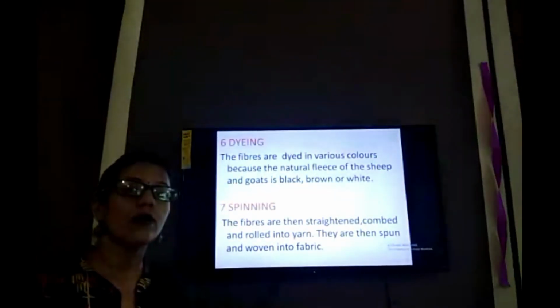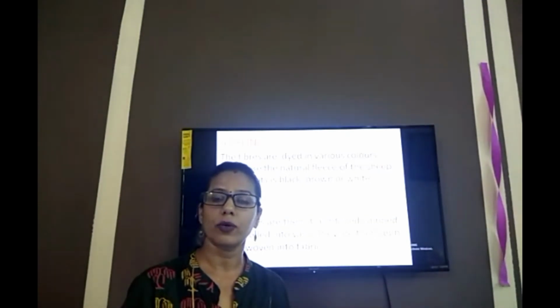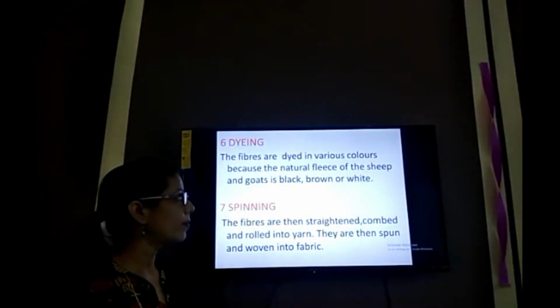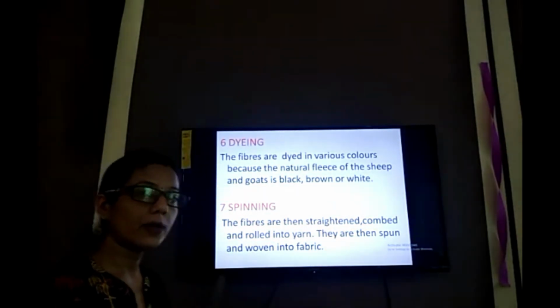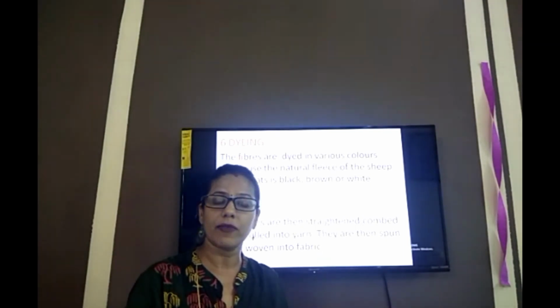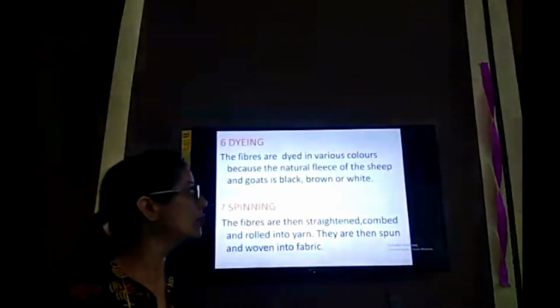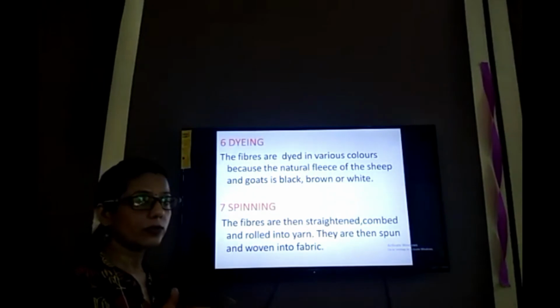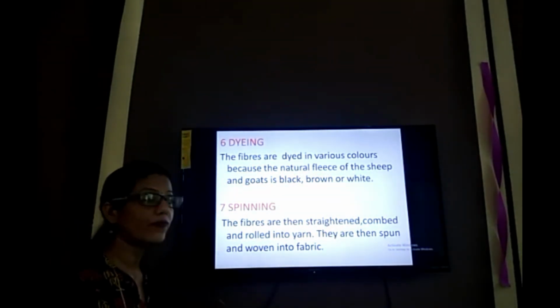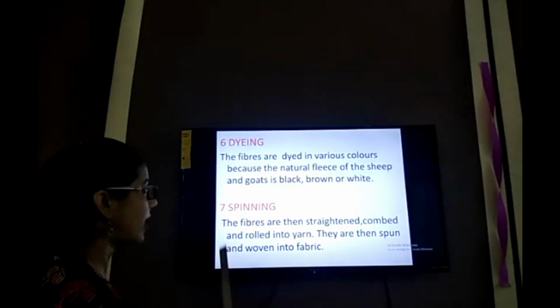As we know, the fibers obtained from sheep and other wool yielding animals are generally black, brown or white, but in the market wool is available in different colors. So in the factory, the workers provide the colors to the wool fiber. This process is known as dyeing.